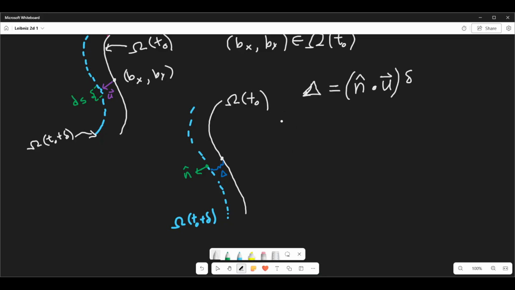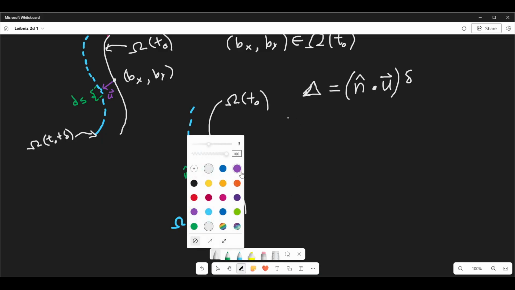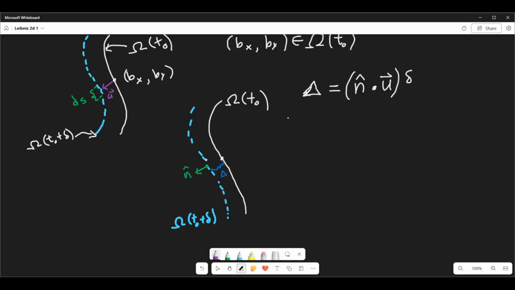So basically the area swept out, so this little area that's going to be swept out around here, so there's an area in there, so the area swept out opposite to this point Bx, By is going to be the delta times the ds, so that equals n hat dot u vector delta ds.